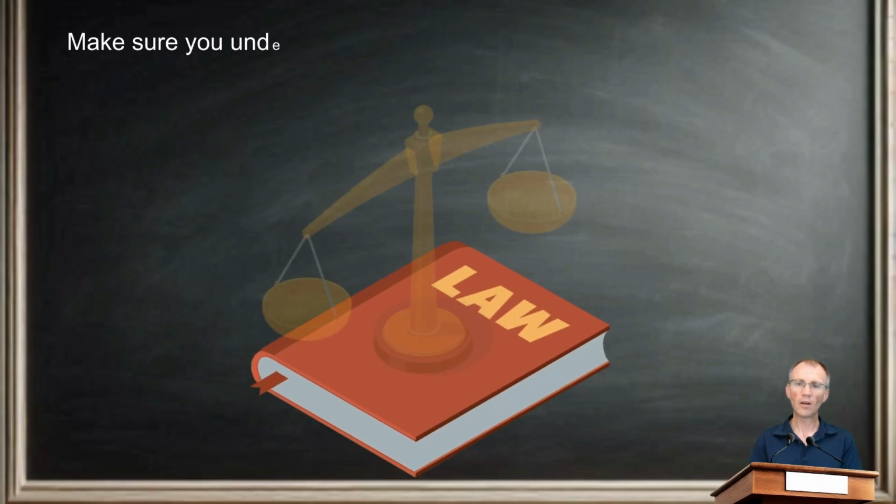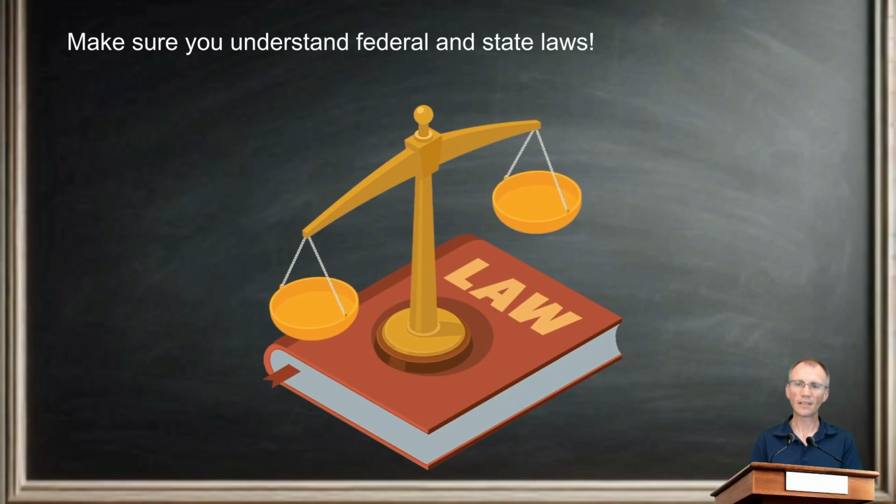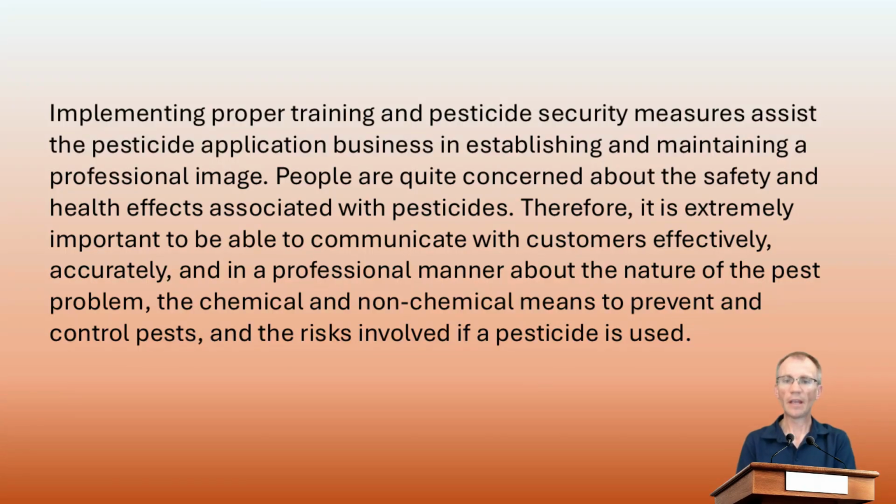So make sure you understand the federal laws, the state laws, and make sure you're ready to lead a team of people to go out and do the right things every day. Implementing proper training and pesticide security measures assists the pesticide application business in establishing and maintaining a professional image.